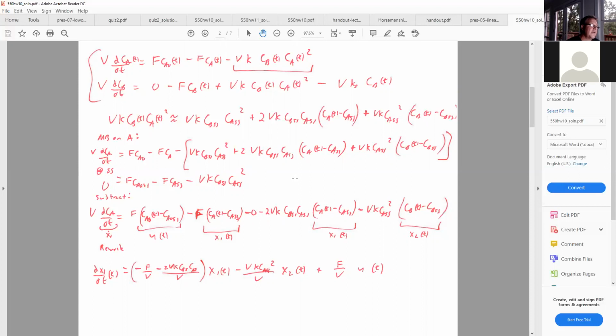There's nothing to subtract from it. This constant times deviation CB is just a constant times deviation CB. So now it's all linear in terms of x1 dot, u, x1, x2. When you rewrite this for state space, you divide by volume and you get something times x1 plus something times x2 plus something times u.